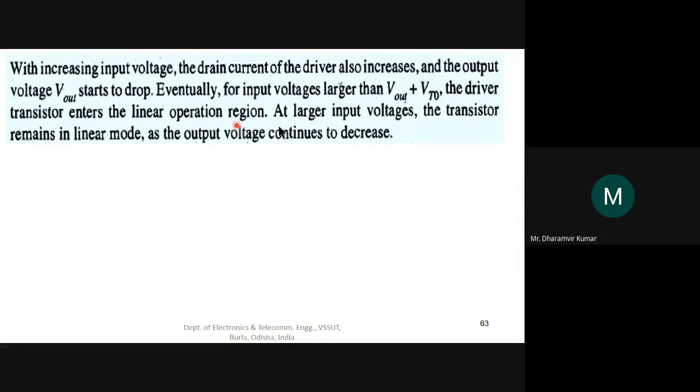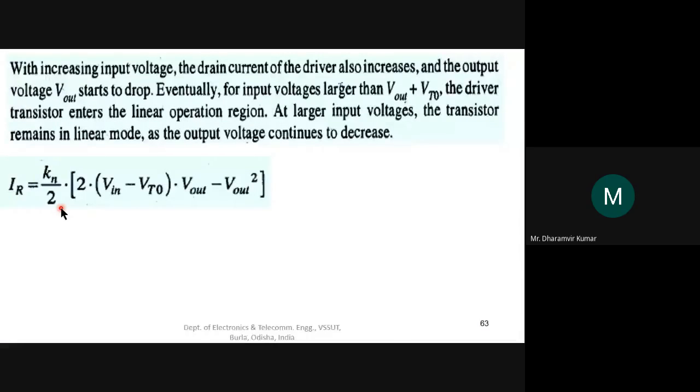And at larger input voltages, the transistor remains in linear mode as the output voltage continues to decrease. So in that case, when you apply KCL, that is IR, the current through the resistance, equals the current through the device, that is ID.